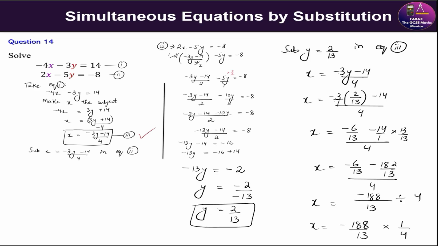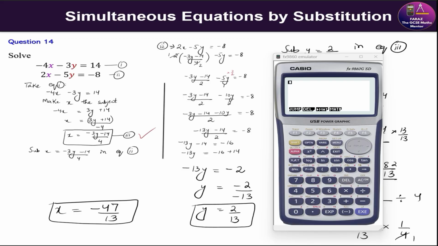Now 188 divided by 4 is actually 47. 4 into 1 is 4, 4 into 4 are 16, 4 sevens are 28. So x equals negative 47 over 13. And we have these answers: x equals negative 47 over 13 and y equals 2 over 13.